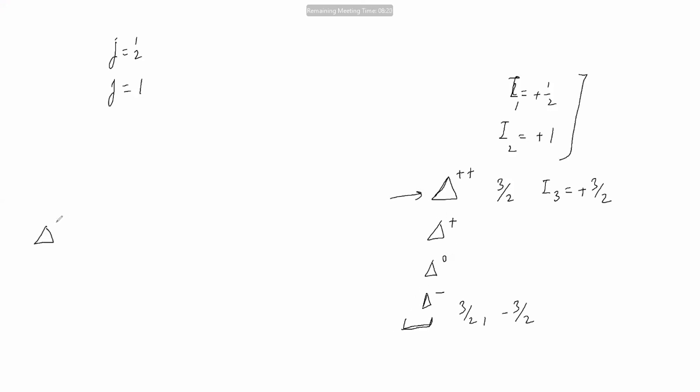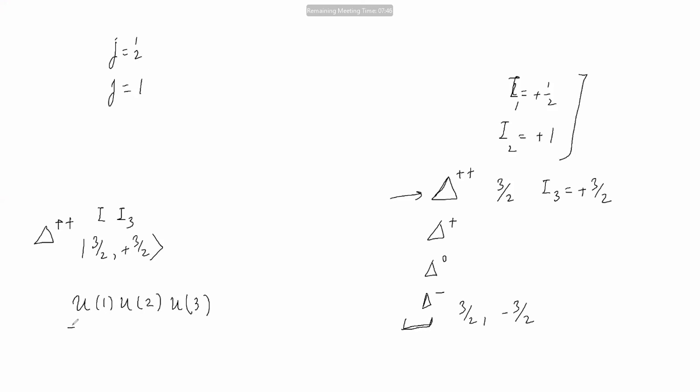Now, if I wish to get an isotopic 3 half system whose projection is plus 3 by 2, which is made up of 3 quarks only, then this is only possible when you have u in state 1, u in state 2, as well as u in state 3.